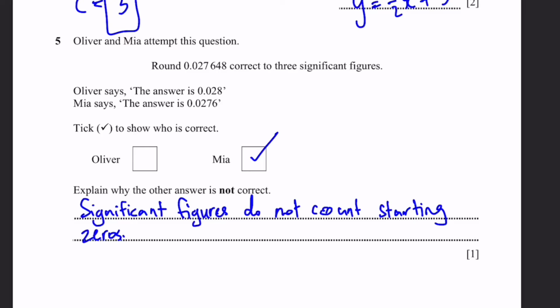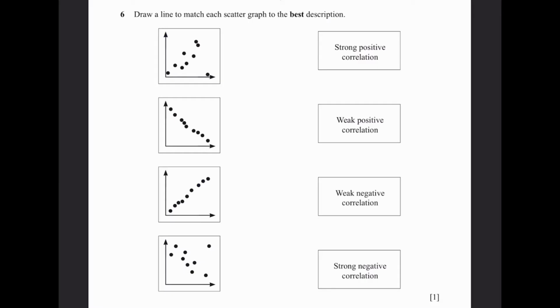The zeros at the start of a decimal number, like in 0.027648, the two zeros over here, are not counted in significant figures. So actually 2 is the first significant figure, then comes 7, then comes 6. So these three are significant figures. 4 is the fourth digit, and because it's less than 5, we don't change the number, so 0.0276. That's the answer.